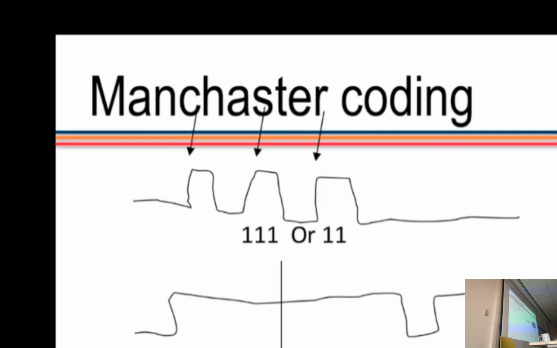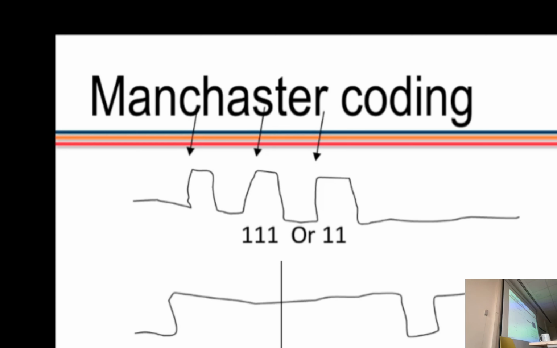So coding like Manchester coding, different types of coding is developed. Instead of 1 as a 5 volt, 0 as a 0 volt, edges are important.